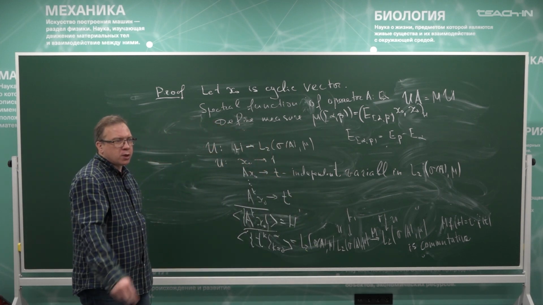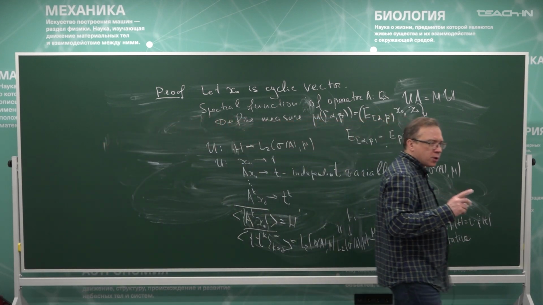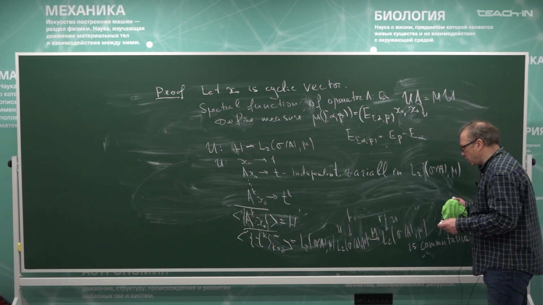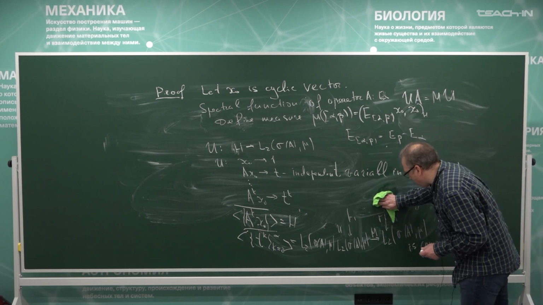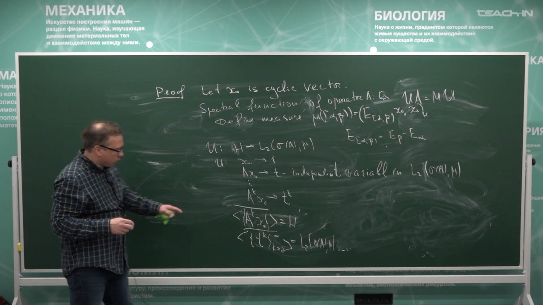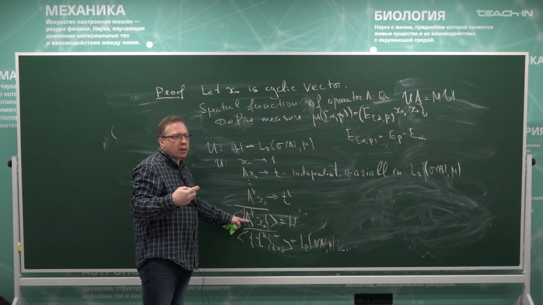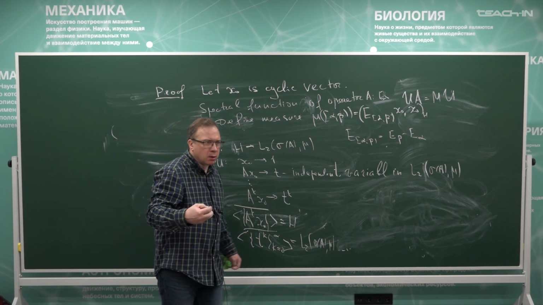So we constructed the unitary isomorphism. We haven't checked that it is unitary, but it is very easy to check. Why? It is sufficient to check the unitary property only on a dense set.